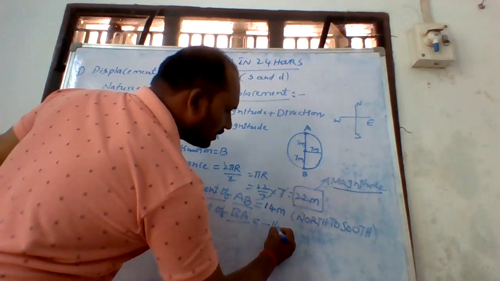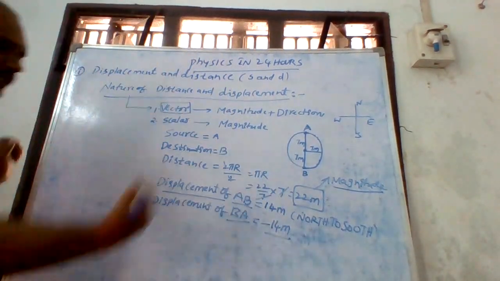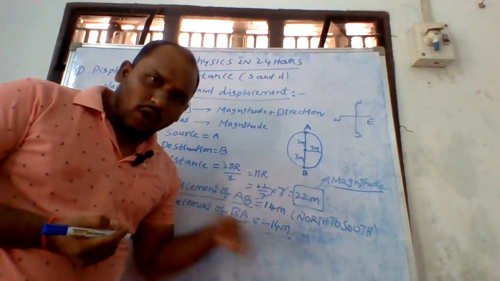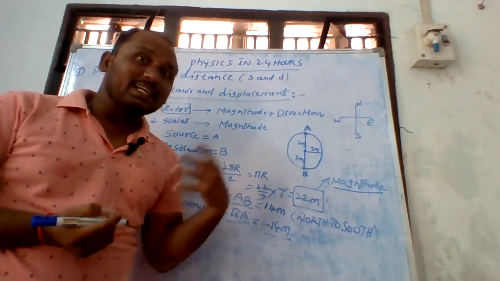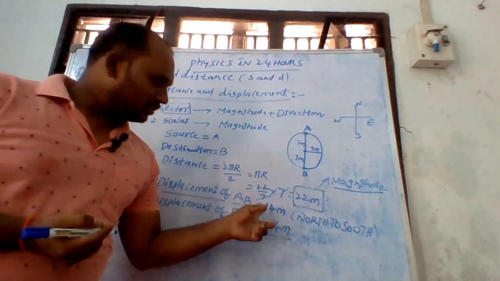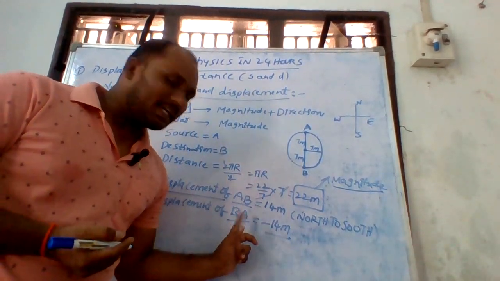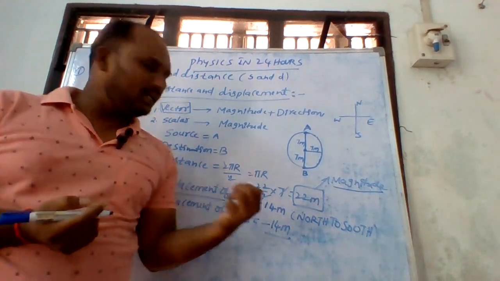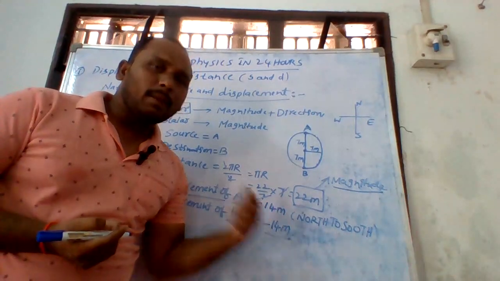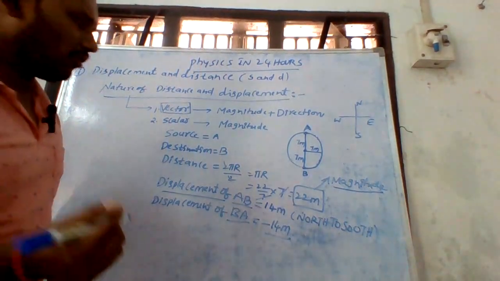It is 14 meters, but we are reversing the direction, so actually minus 14 meters. The minus indicates the direction, not mathematical subtraction. Keep in mind, this is against AB. That is why we put the minus here. That is very interesting info.